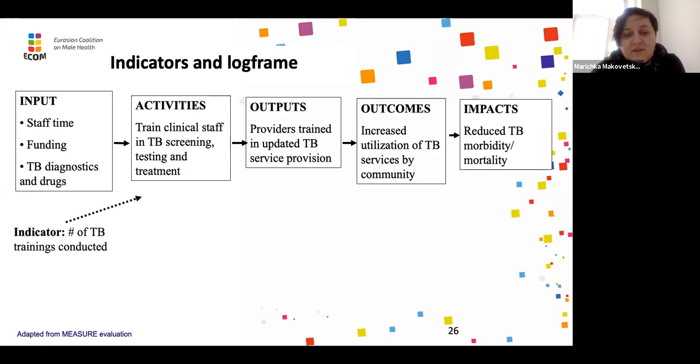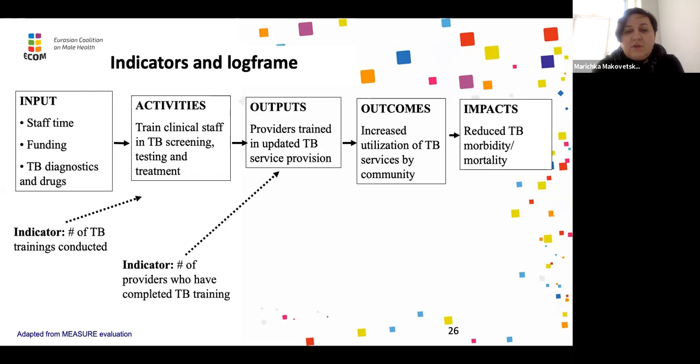Then for the activities, probably one of the activities will be to train clinical staff. So you have clinical staff, physicians, trained in TB screening, testing and treatment. The indicator here will be the number of TB trainings conducted or the number of people trained in this training.